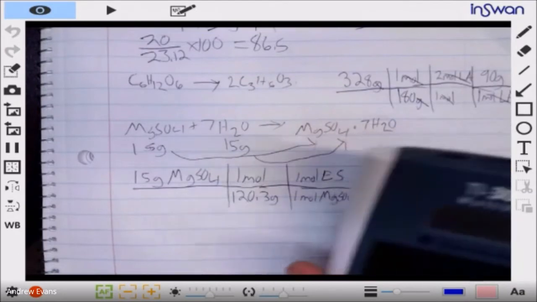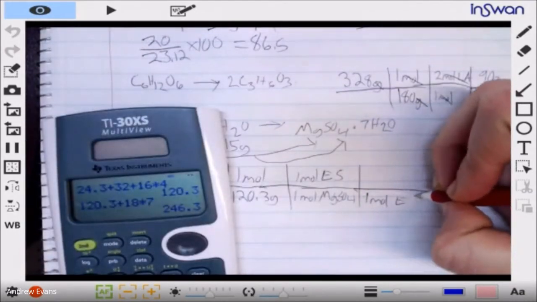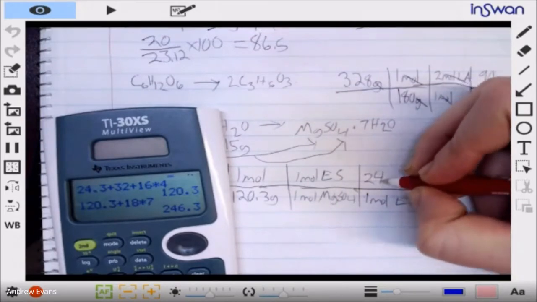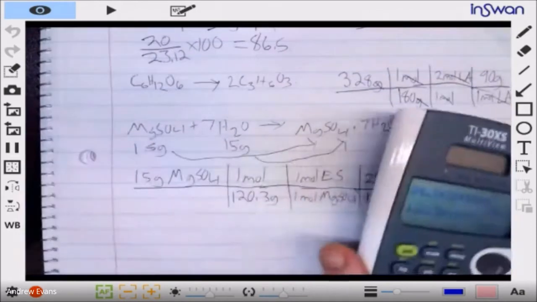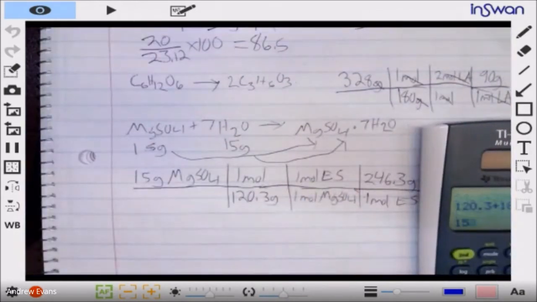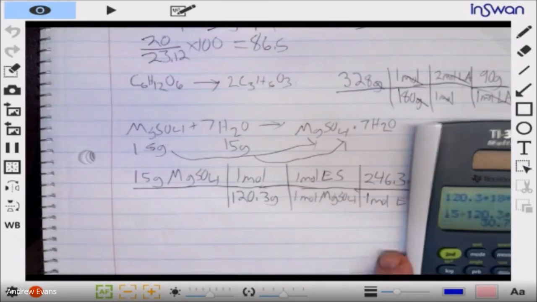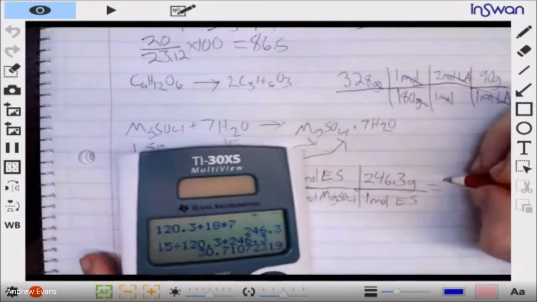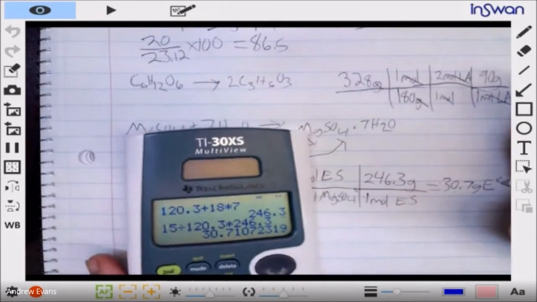So the molar mass of Epsom salt is 246.3 grams. So 15 grams of magnesium sulfate could, in an excess of water, produce 30.7 grams of Epsom salts.